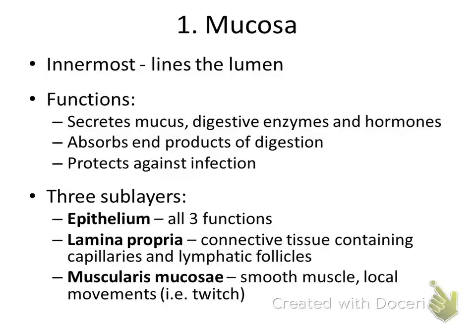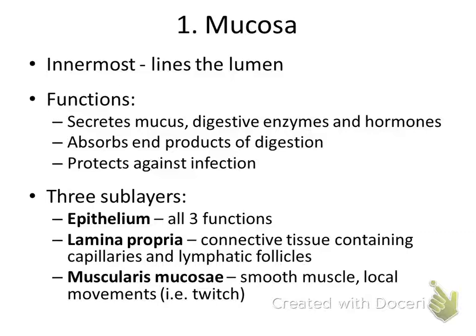That muscle is not the muscle that helps to push the food through the tubing. That muscle does small contractions, which we call a twitch. And that's important because if you think about some of that food stuff moving through the tubing, like going back to the granola bar or the popcorn, you can imagine that some of those little sharp pieces might get lodged in the sides of things like the esophagus.